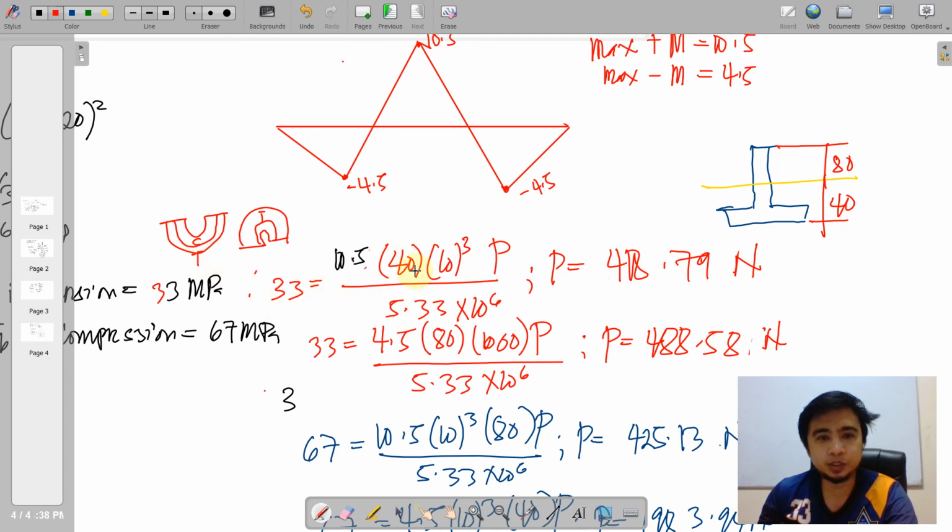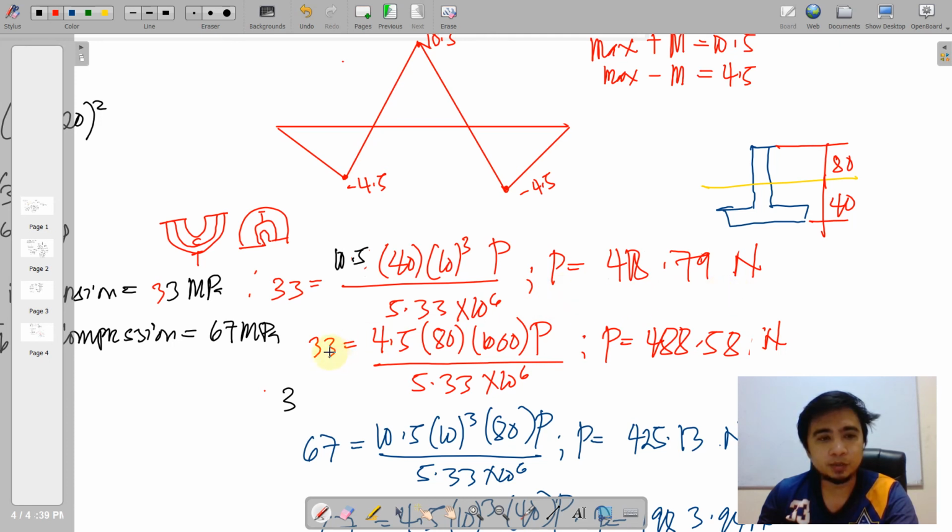So we consider here 40 as your multiplier for C. So we are going to multiply this by 1,000 instead of 1 million because P here is yet to be calculated. The intention of this 1,000 is just for the meter unit to be able to become millimeter. Okay. So we come up with the value of 418.79 Newton.